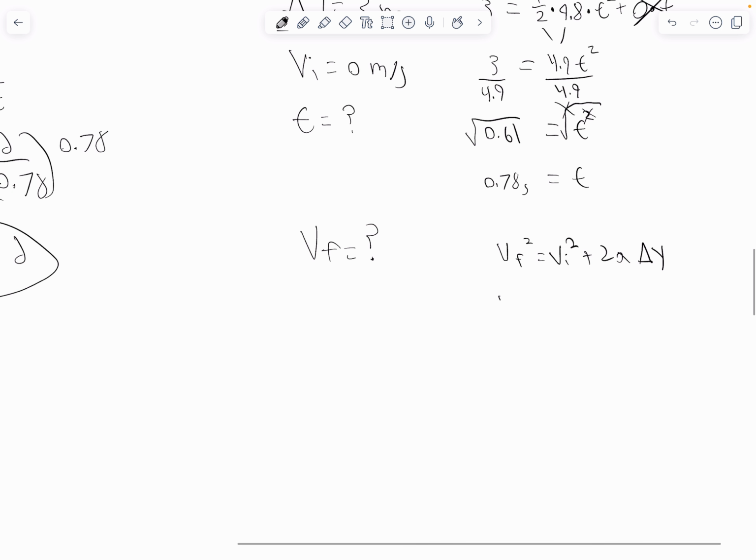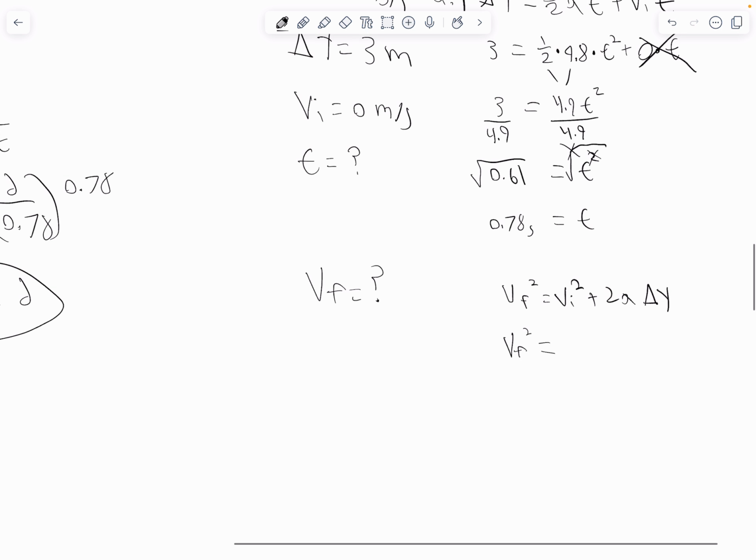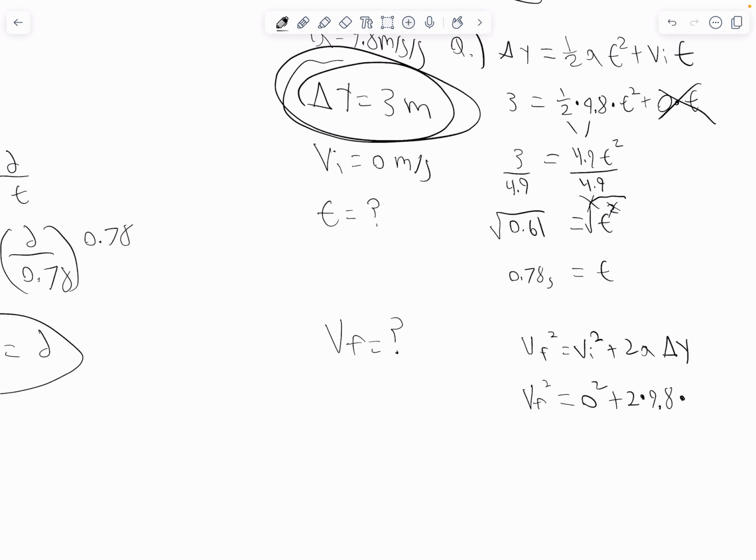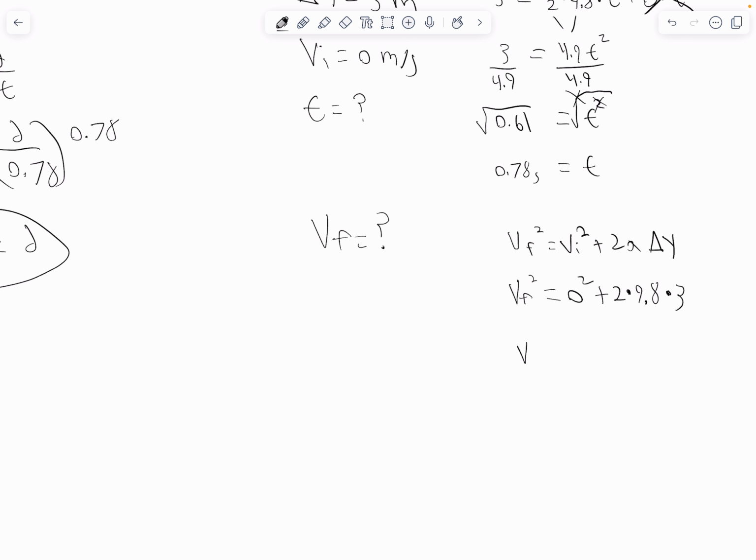All right, so VF is what we're trying to solve for, equals our VI squared, which our initial velocity, which you can see here is 0, plus 2 times our acceleration due to gravity, which is 9.8, times our distance, which is 3. All right, so VF squared is going to drop, equals 0 squared plus 2 times 9.8 times 3, which if you put that in a calculator, you get 58.8.